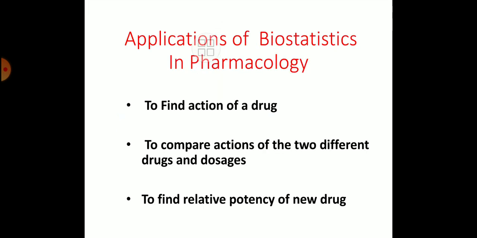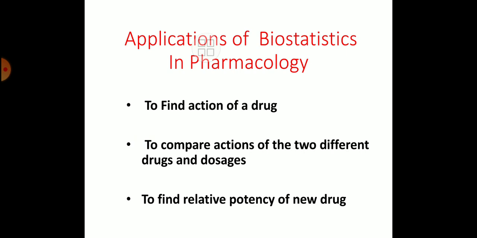Applications of biostatistics in pharmacology. In pharmacology we know that the study of a drug is there, to find out the action of a drug. To find out the action of a drug means how much percentage is useful, isn't it? So to find out the exact action of a drug that is related with the health of human beings, or in the time of making medicines for animals.